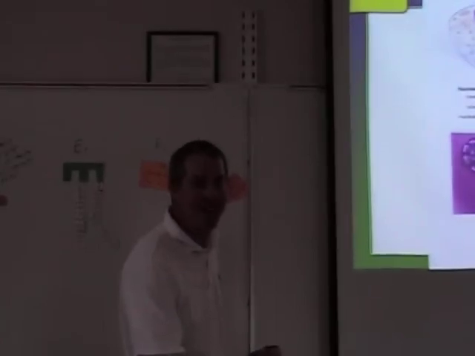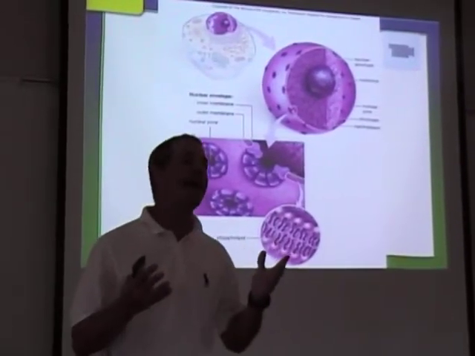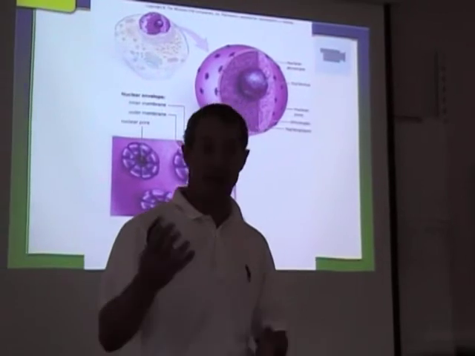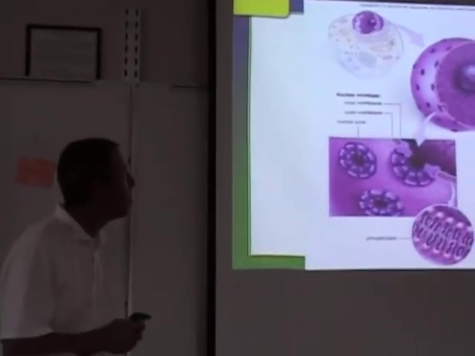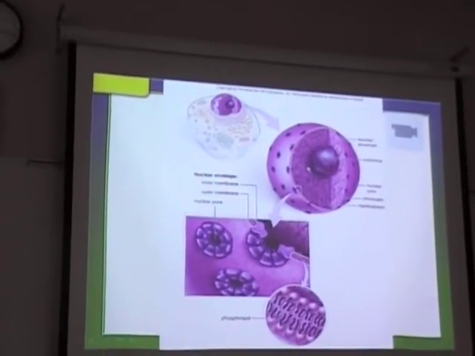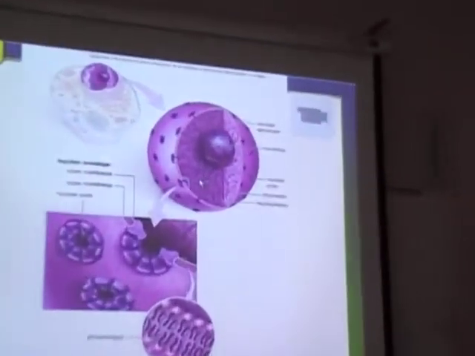Nucleotides. Very good, Bennett. And what do the nucleic acids do for the cell? They store information. So this nucleus is where information is stored in the cell, and all the DNA, all the instructions for the cell are in here.